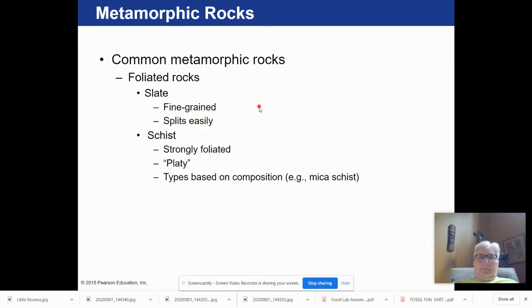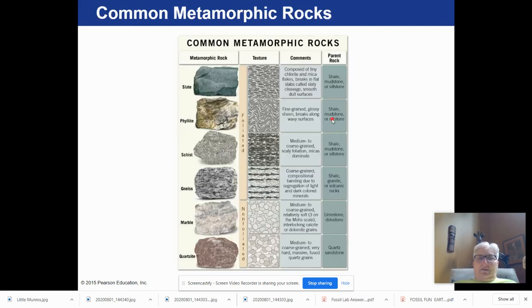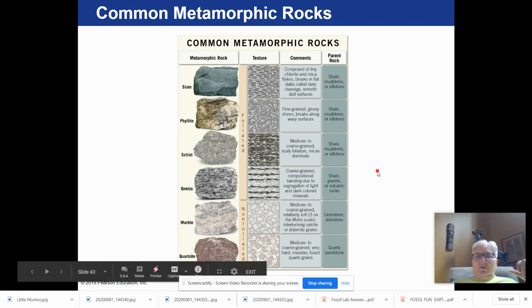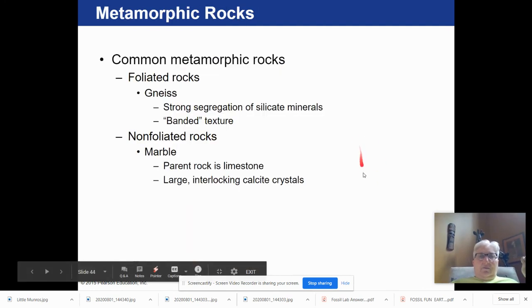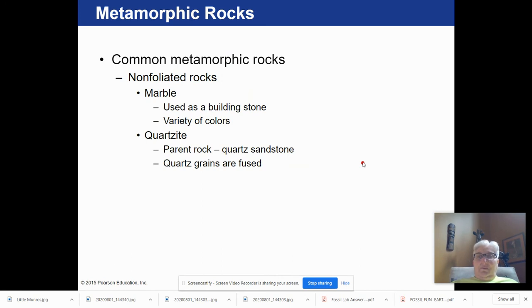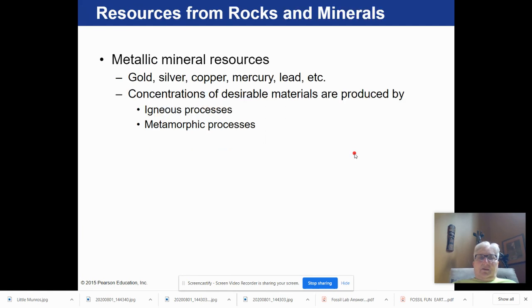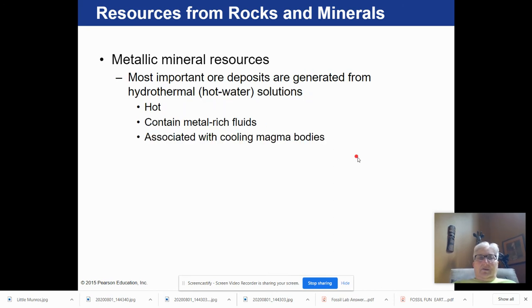And like I said, some of the common metamorphic rocks are slate. So here's a nice listing for you. Marble is another metamorphic rock. Quartz is a metamorphic rock. And these are, of course, used like granite, in building materials.